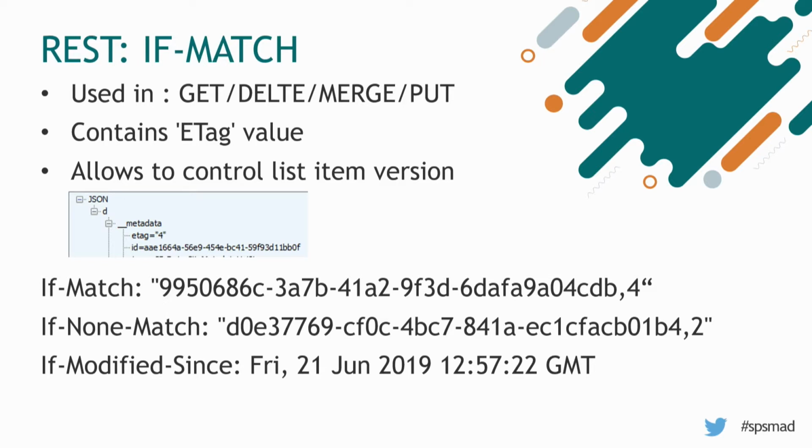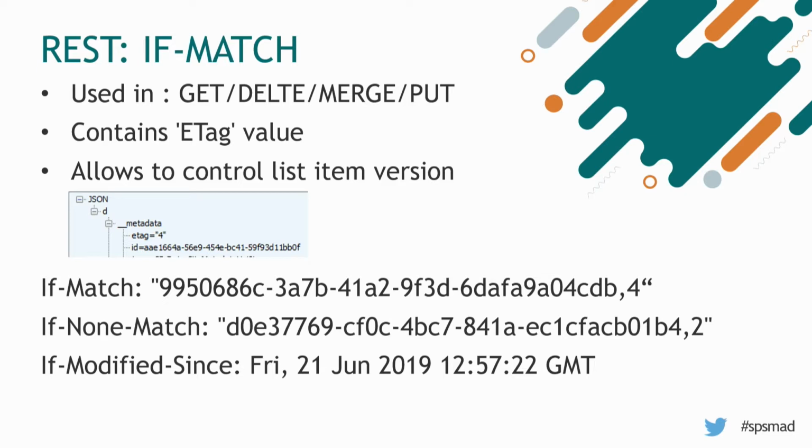So let's imagine we have an object that requires quite a lot of processing on the SharePoint side to be evaluated. If we specify that, OK, give me this object, but if it hasn't been modified since then, I don't really care, SharePoint can just cache it and return it from the cache.